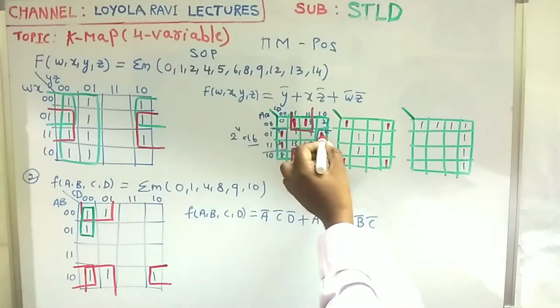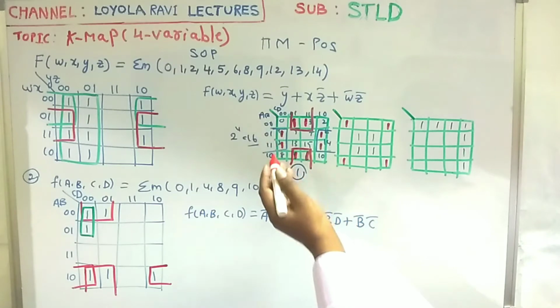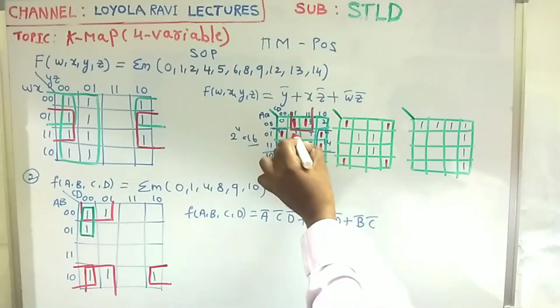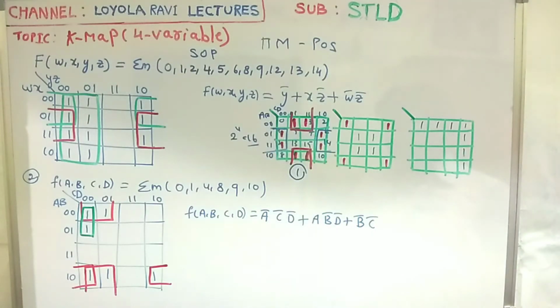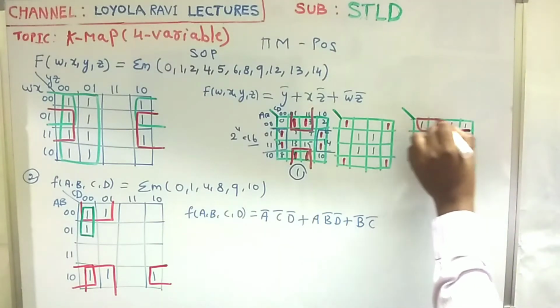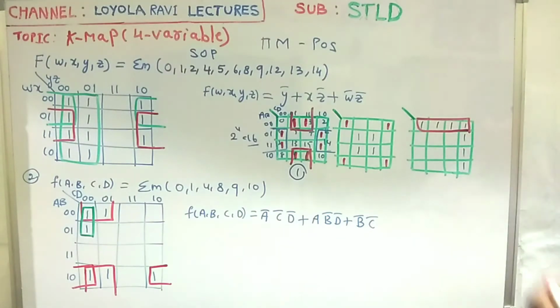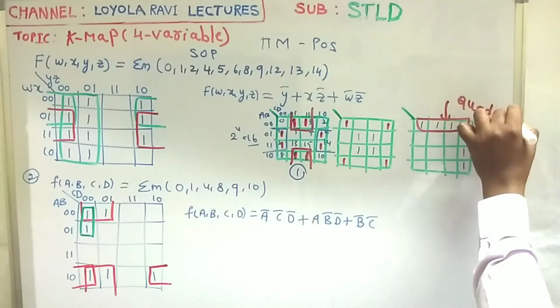First, for example, opposite pairs. This is one pair, this is another pair. If we fold these two pairs, those two will come here. That is nothing but one quad. 4 adjacent ones is nothing but a quad. For example, first you can take this one. This is quad 1.